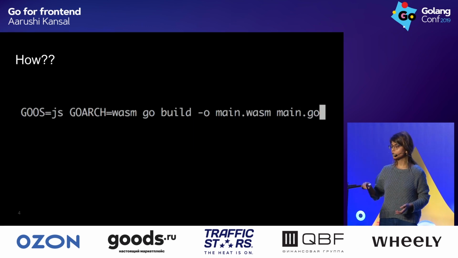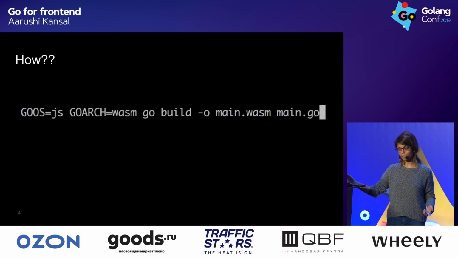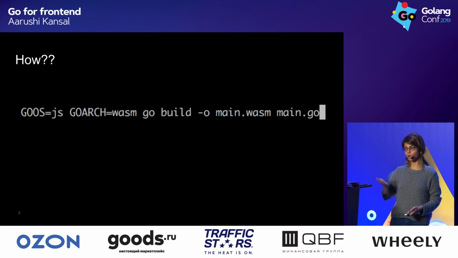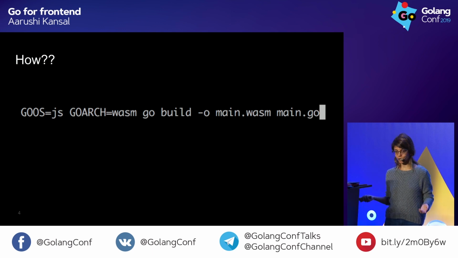OK, so how do you actually do that? How do you actually get Go down to WebAssembly bytecode and then running in your browser? I guess most of you, if you've run a Go program before, are familiar with this go build command, with some differences. So for example, we set the Go operating system to JavaScript, we set the architecture to WASM, and then we just build it.